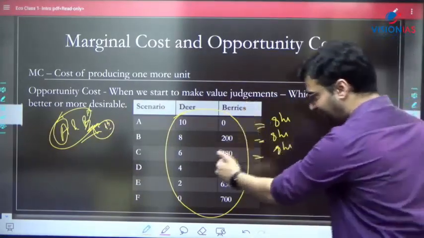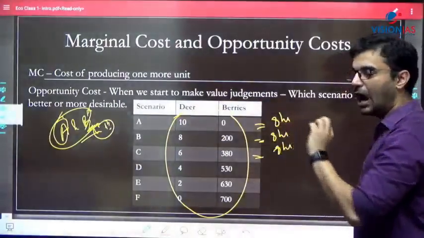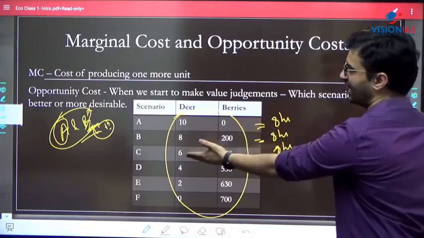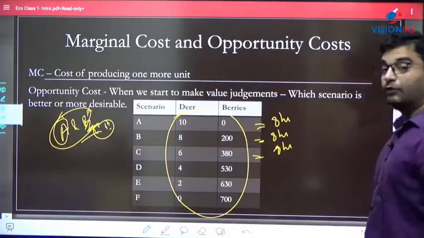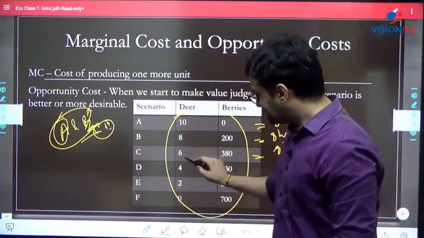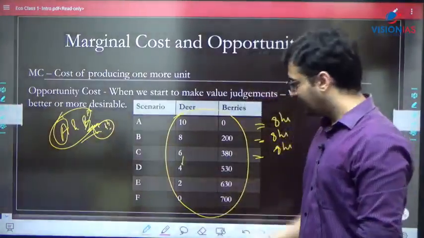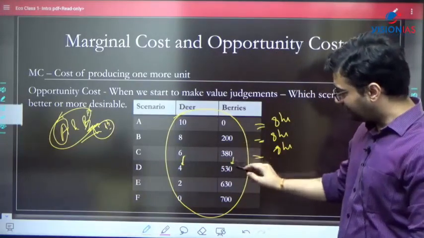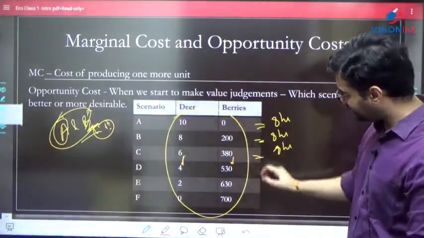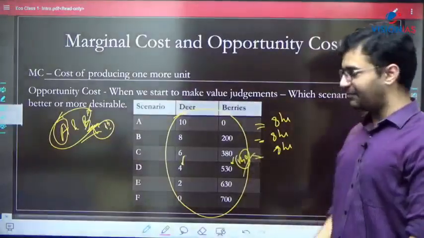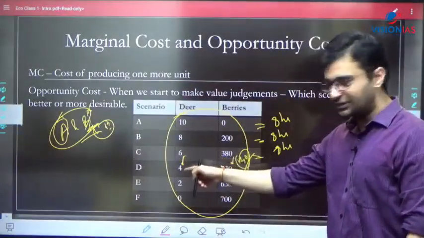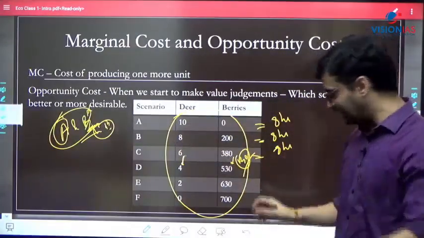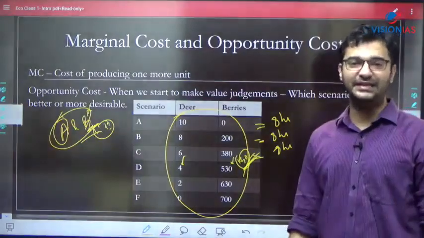So we cannot tell from looking at this how much time is required to gather 100 berries or how much time is required to gather 10 deer. What we can tell is कि 6th deer और 4th deer, 6 से 4 deer जाने के बीच में we are gathering 530 minus 380, 150 extra berries. तो ये 2 deer की cost, 5th and 6th deer की cost is 150 berries.